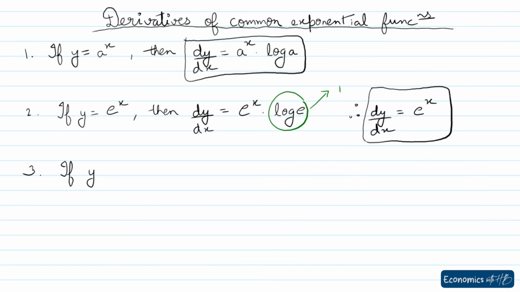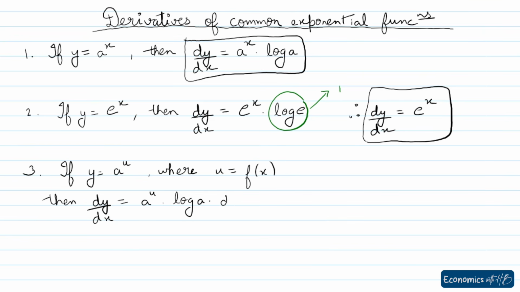Now see the third one. If y is equal to a to the power u, where u is a function of x, simply the chain rule will apply. dy by dx is equal to a to the power u as it is, into log of the base, that is a, further into du by dx, because u is a function of x, so we differentiate that too.